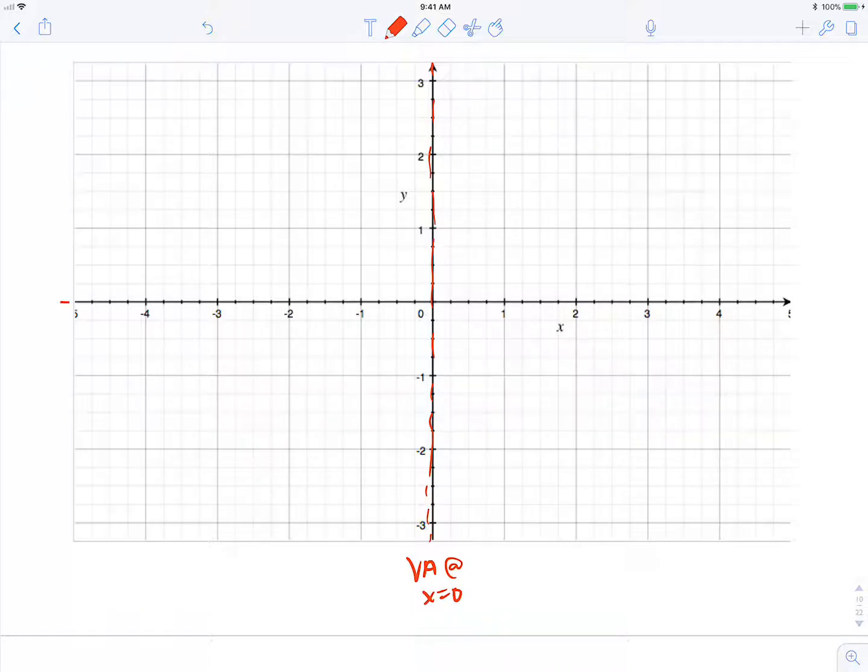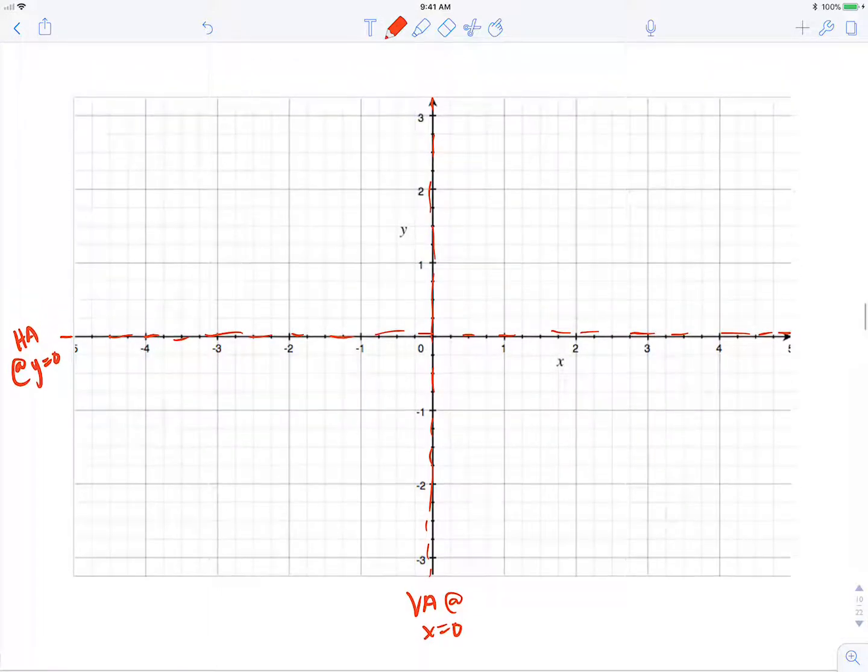It's also helpful for sketching this graph to remember there's a horizontal asymptote at y equals 0. If you were trying to determine the end behavior, you could think about taking the limit as x approaches positive and negative infinity of the function, and you'd get 0, which means there's a horizontal asymptote at y equals 0.